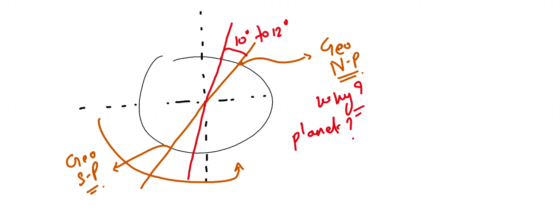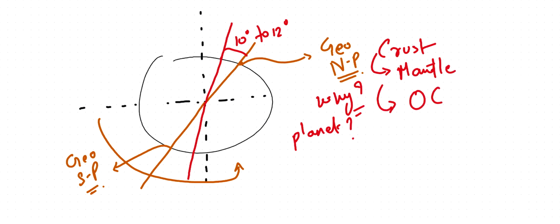We know that among the layers of Earth, the first layer is the Earth's crust. Below that, roughly I'm dividing it into layers, we have the mantle. Below that we have the outer core, which will be very important for us. And at the center is the inner core.